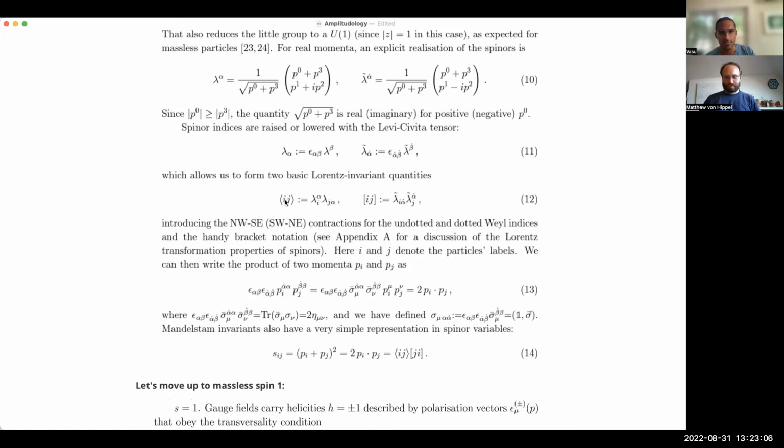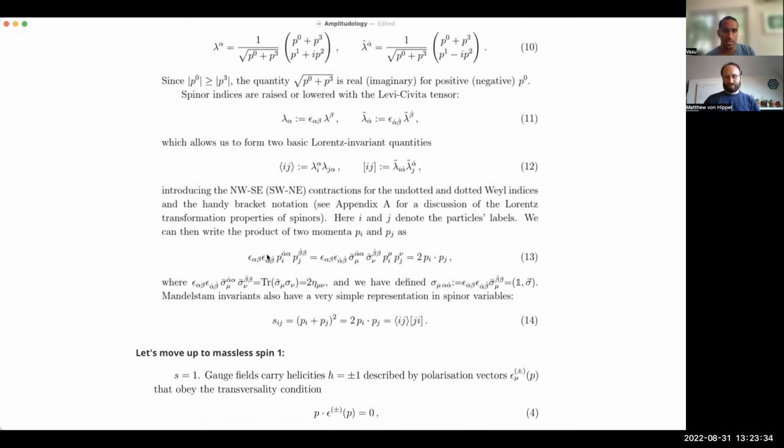And here we have the double angle brackets and the double square brackets, which are kind of like the other side of that single one we saw before. And as you can expect, what we would normally think of as kinematic invariants are given in terms of products of these kinds of things. So we're going to start to see many objects written in terms of such symbols, and this is their origin.